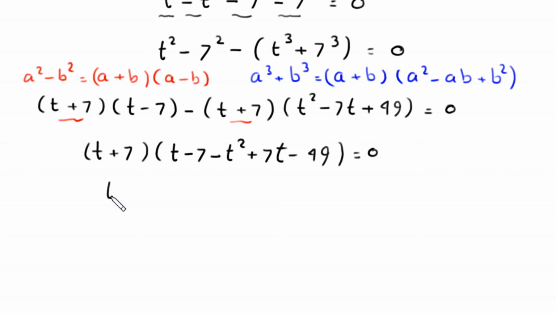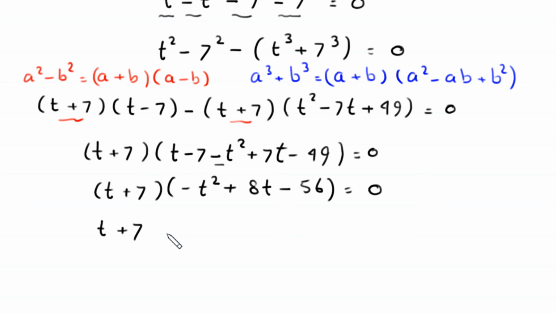Further simplify, this will become (t + 7) times (-t^2 + 8t - 56) = 0, since 7t plus t is 8t, and negative 7 minus 49 is negative 56. From here, the expression t + 7 = 0 or the expression -t^2 + 8t - 56 = 0.